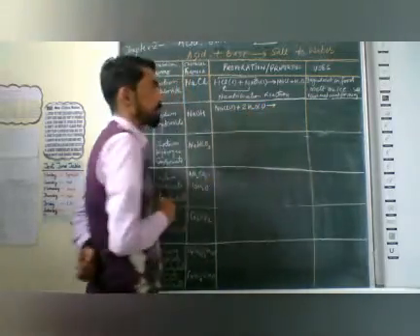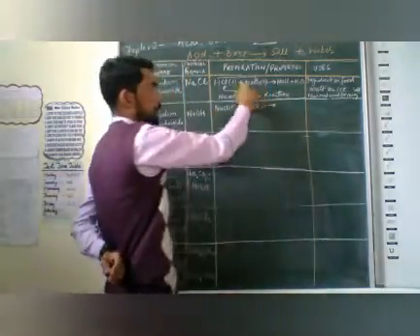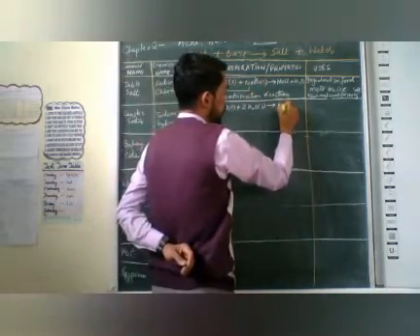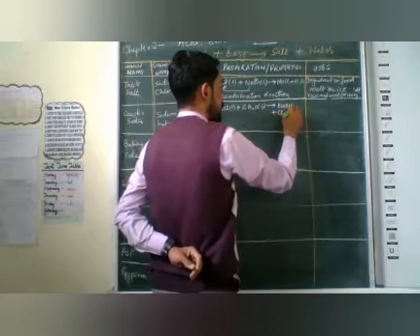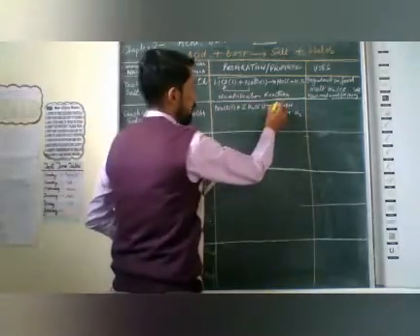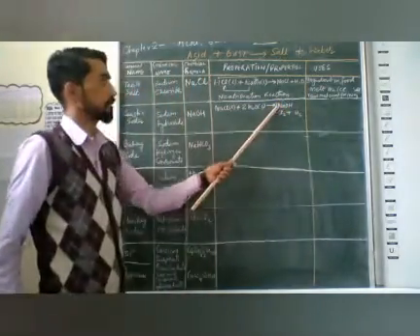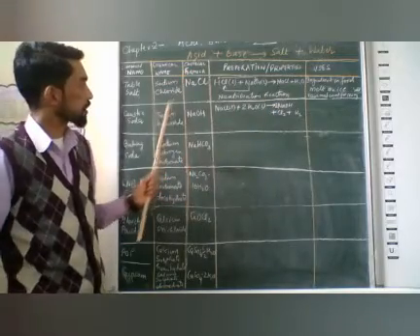It will form NaOH plus Cl2 plus H2, balanced. NaOH is what here? It is caustic soda.